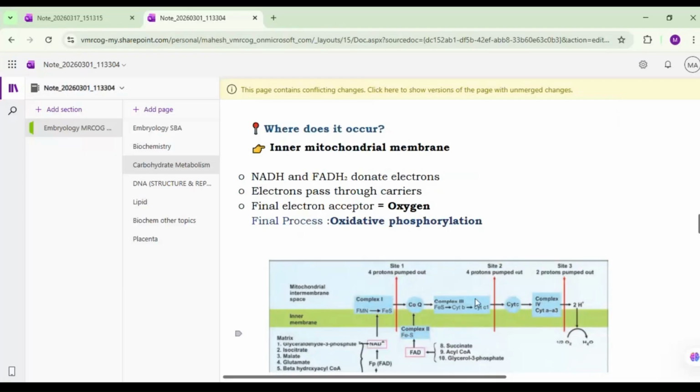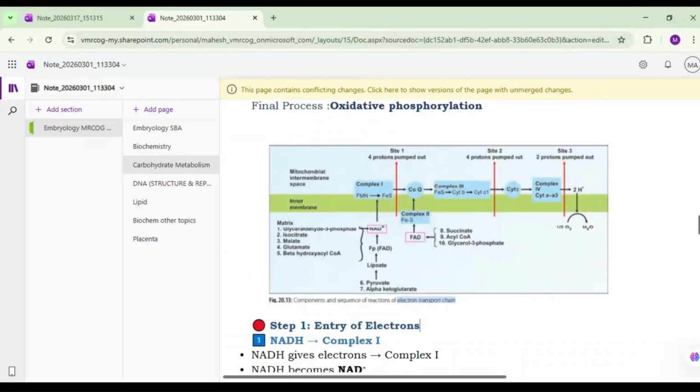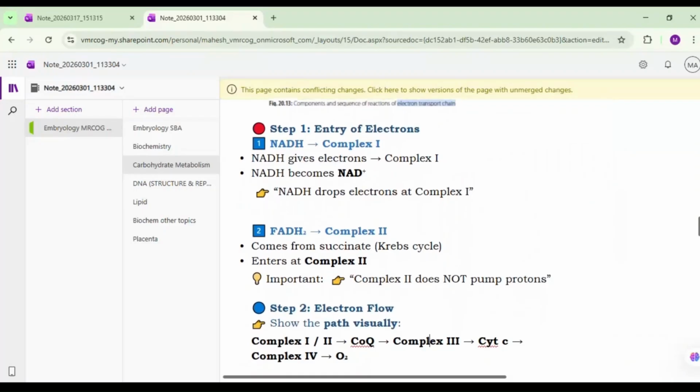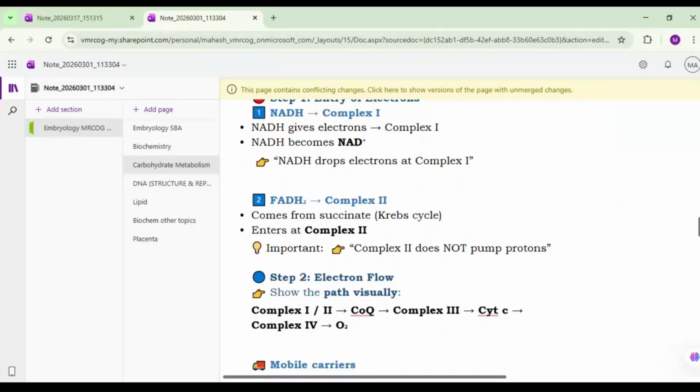At all other complexes protons are pumped out: at complex 1, 4 protons; at complex 3, 4 protons; at complex 4, 2 protons. But at complex 2, no protons are pumped out and the electron is donated by the FADH2.